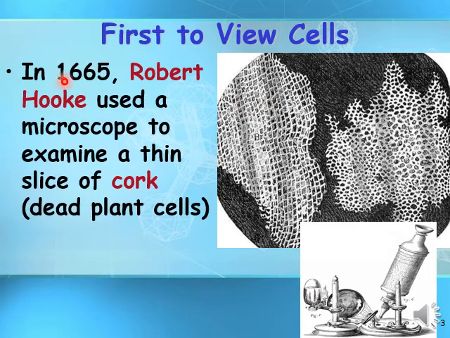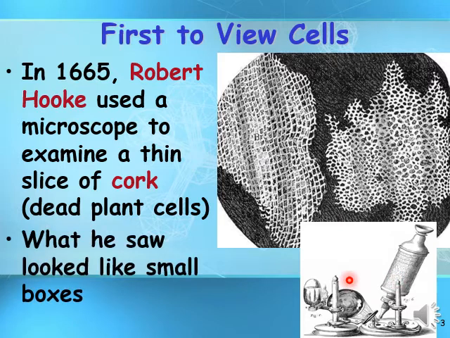In the year 1665, Robert Hooke used a microscope to examine a thin slice of cork. Cork means dead plant cells. These are dead plant cells which were examined using this microscope. What was seen looked like small boxes.